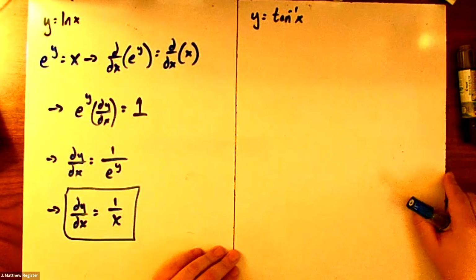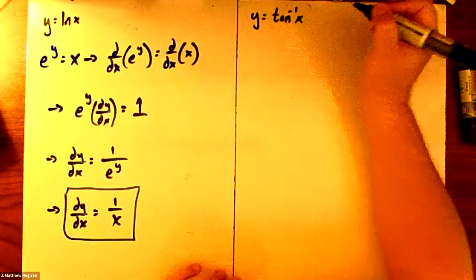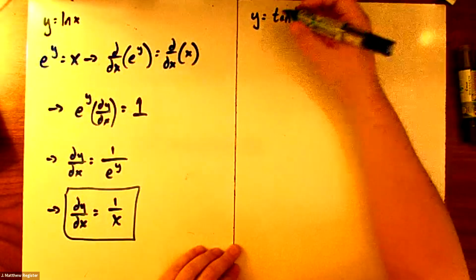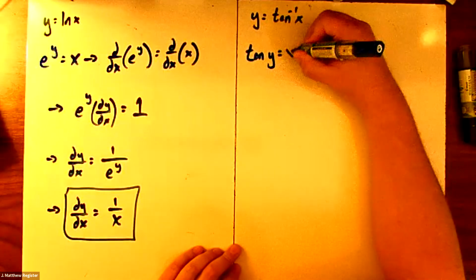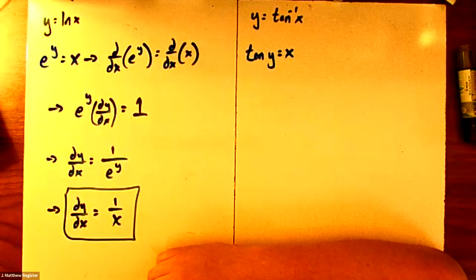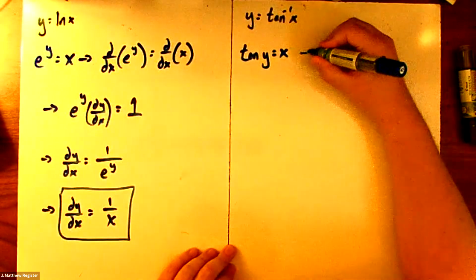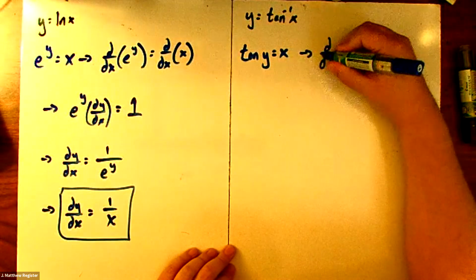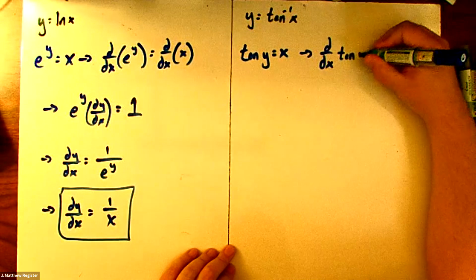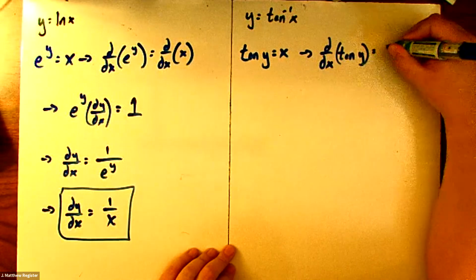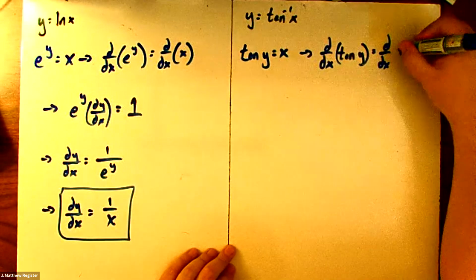This was one I didn't have you memorize. But remember, if we're talking about arctangent, really what we're saying is that the tangent of y is equal to x. And so let's take the derivative of both sides with respect to x. So we want to do d dx of tangent of y, and we want to say that that's equal to d dx of x.